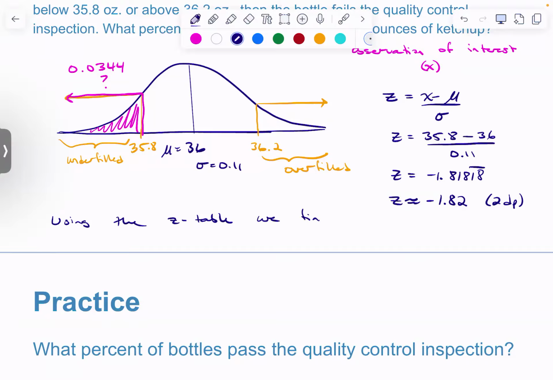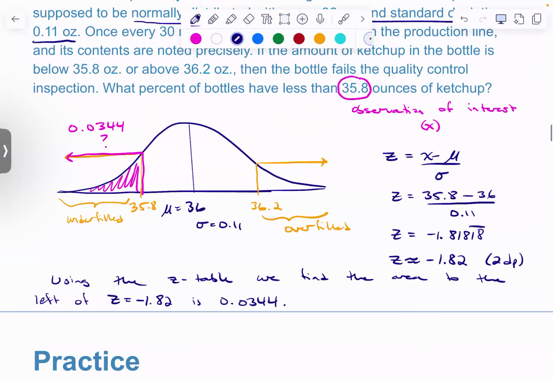We find the area to the left of Z equal to negative 1.82 is 0.0344. Therefore, that is the area we're looking for.